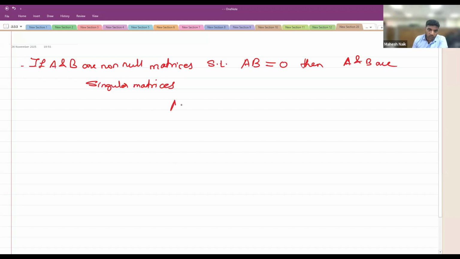Okay, so we know that AB is equal to 0; if we take the determinant, it is going to be 0.